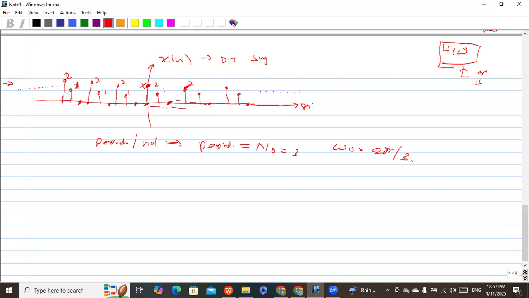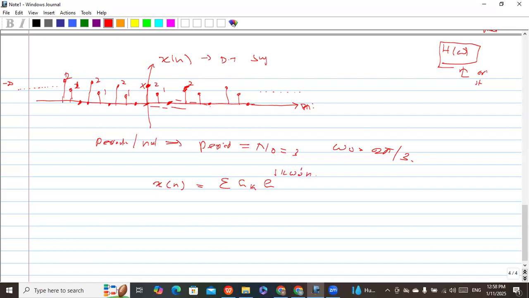So we have found the period, and now we can try to represent this as a collection of complex exponential signals. So xn we can represent as the sum of ck e to the power jk omega naught n.